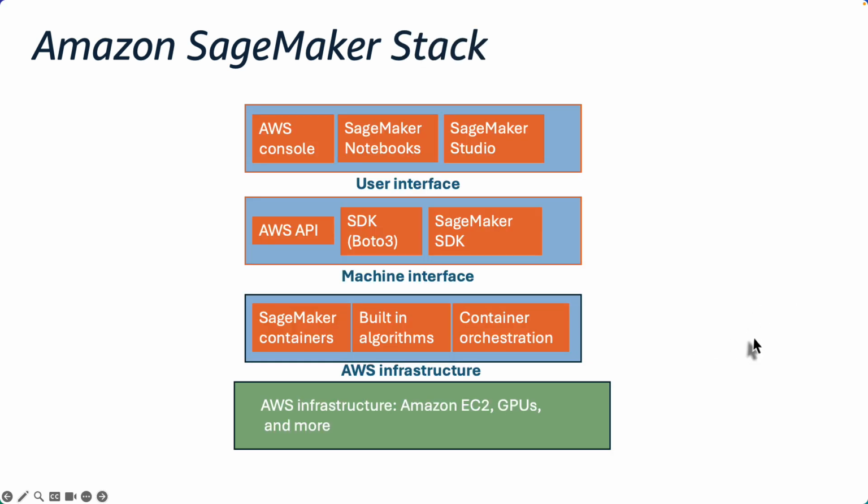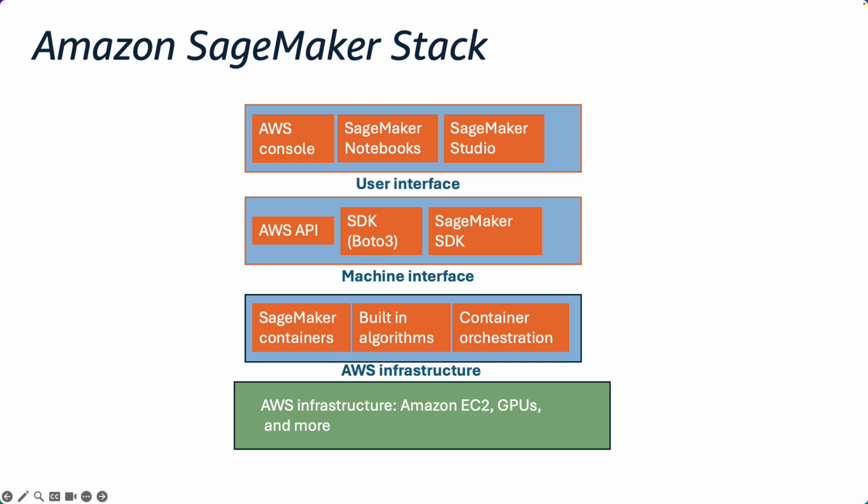So for the infrastructure layer, there is an infrastructure layer, and we've talked about this earlier as well. But on top of that infrastructure is a Docker container infrastructure. And remember that these containers are run to support machine learning workloads. And you can use your own containers or containers created by AWS.